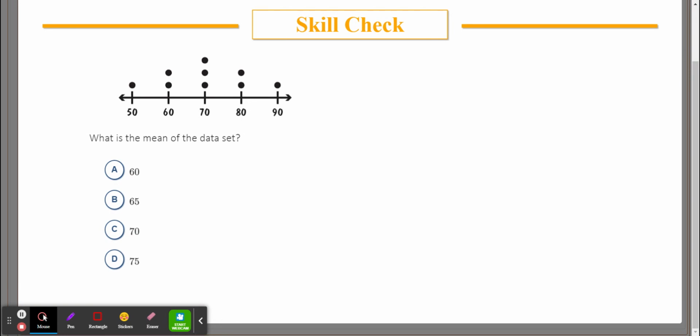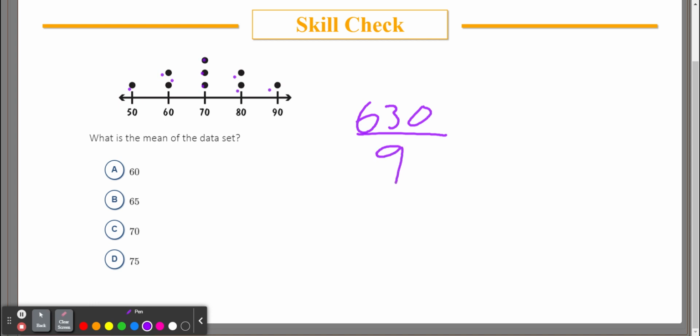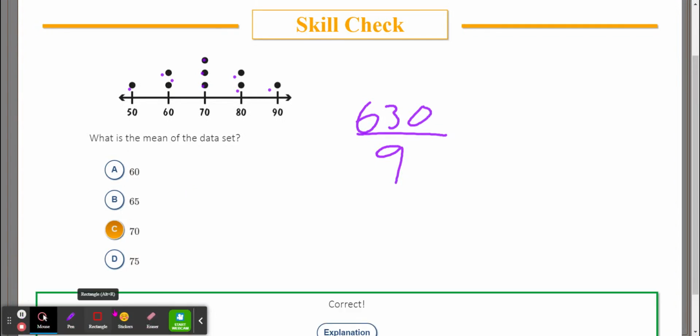All right, so I get to 630. That's my total, 630. Now, how many points of data do I have? 1, 2, 3, 4, 5, 6, 7, 8, 9. I divide by 9, because there are 9 points of data. If I do 630 divided by 9, I get 70. So the average, the mean, would be 70.